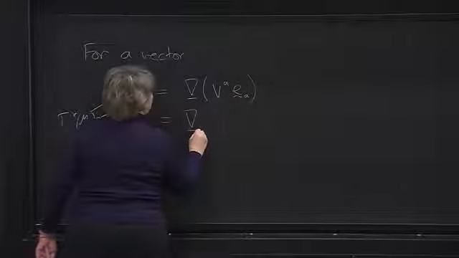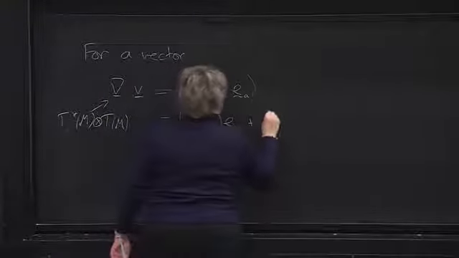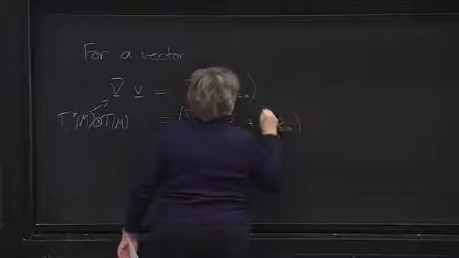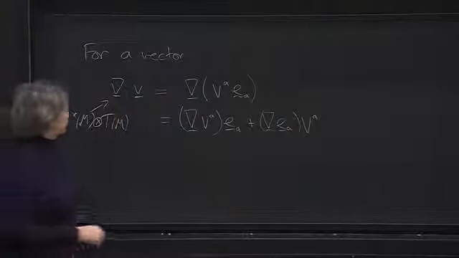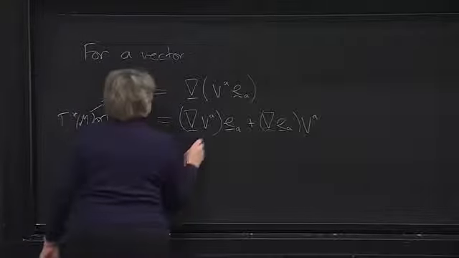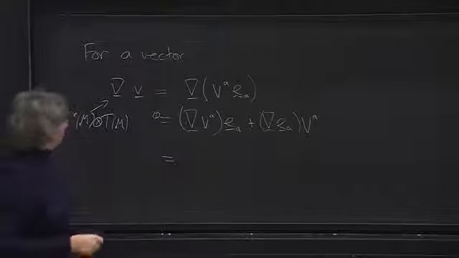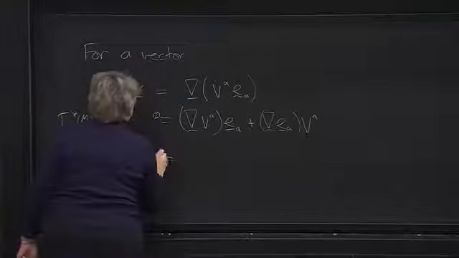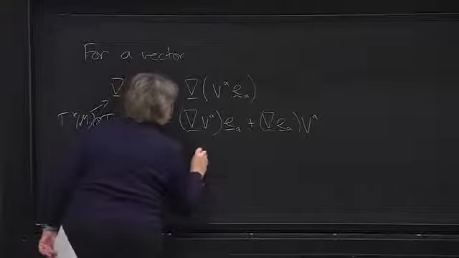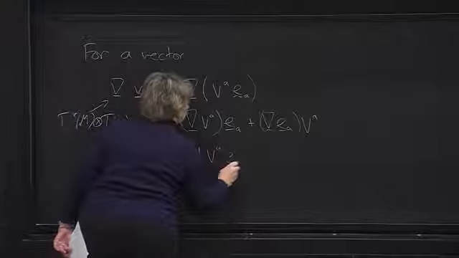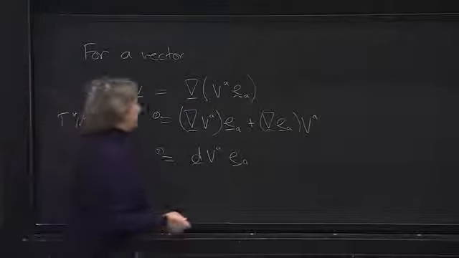I use the Leibnizian property. Now I use, if you like, the second of those requirements. I now use the third of the requirements to say that grad acting on a scalar is d, because the components of V are just scalars.